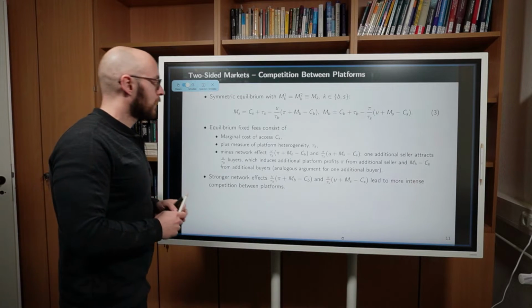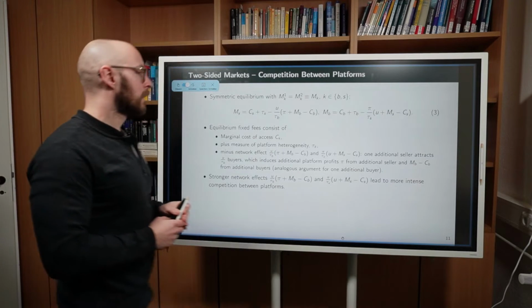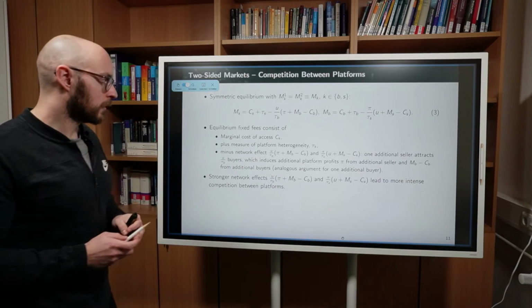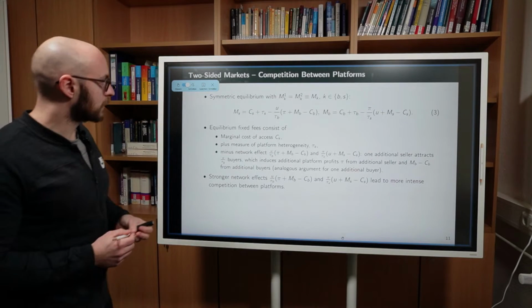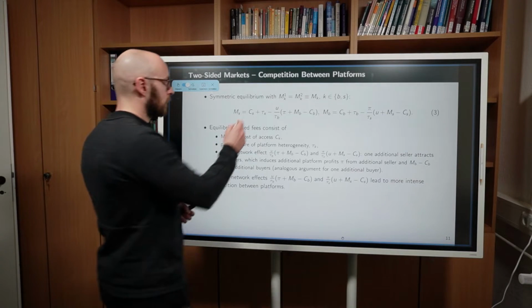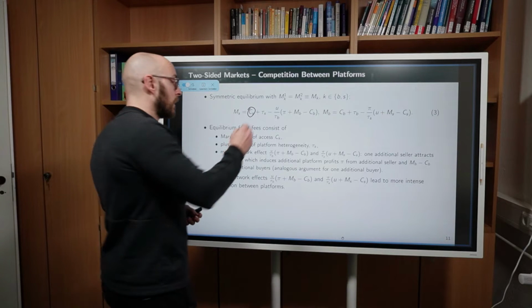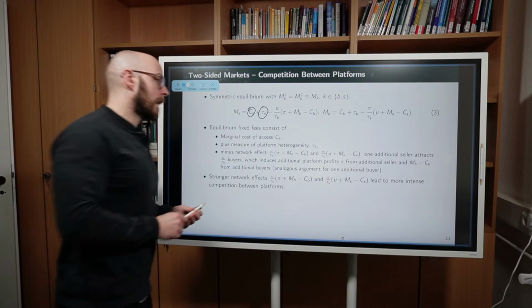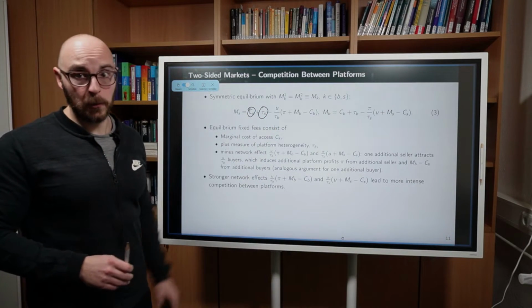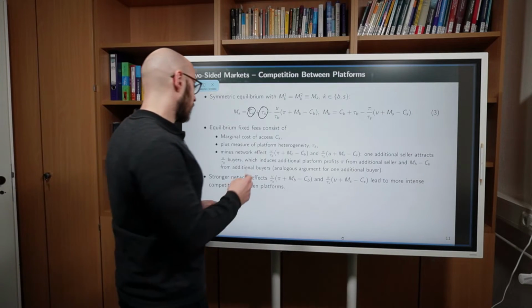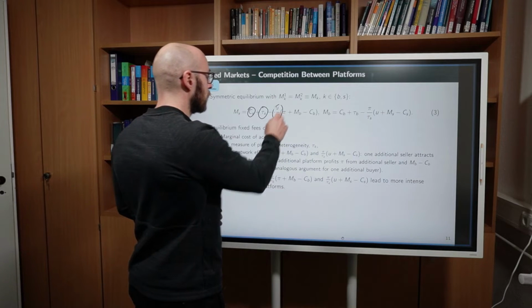Okay, and if we do that, we will end up with this expression here, right? So how do the fixed fees look in our platform competition example here? They increase in cost, which makes sense. They increase in a measure of heterogeneity, so these are the transport costs, something I will address later. And they decrease in the degree of network effects.